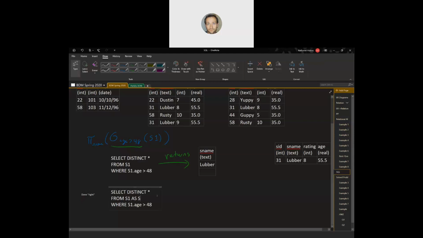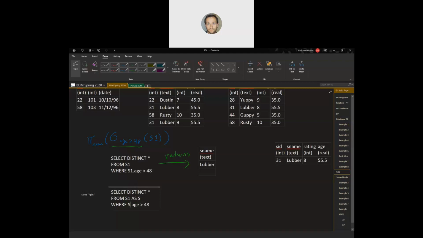So this is the row in relational algebra. I'm renaming a table. And here the where would be rephrased like this.